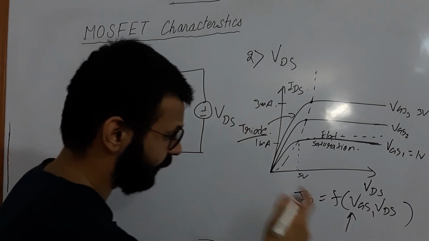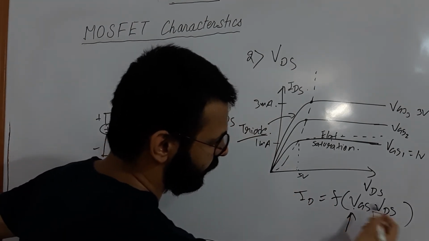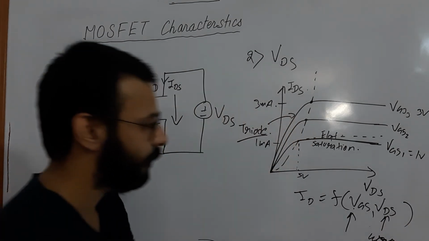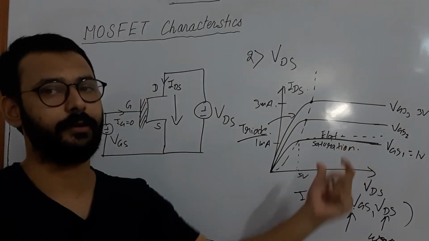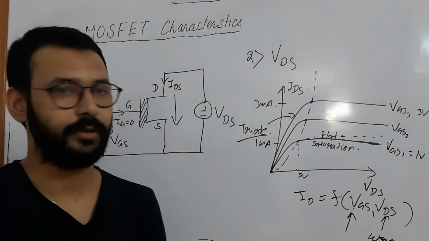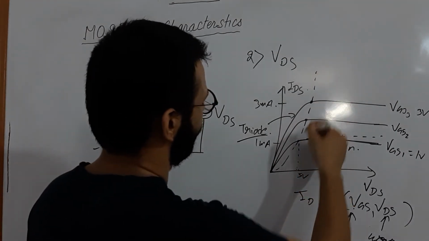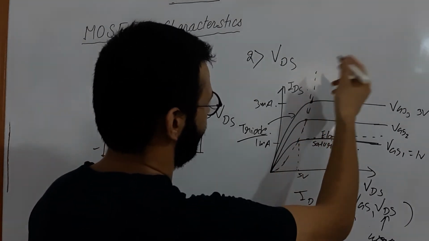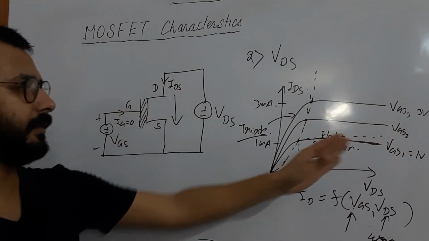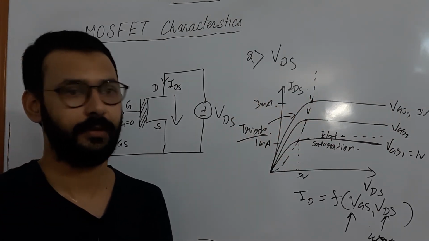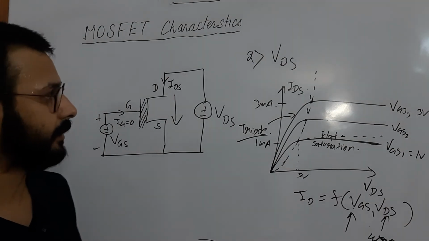Absolutely, it's a strong function of VGS, but it is a weak function of the VDS in the saturation region. So these are the 2 points. The current equation, this is the first equation you can write. For the different values of VGS, how ID will change. So these are the simple things.